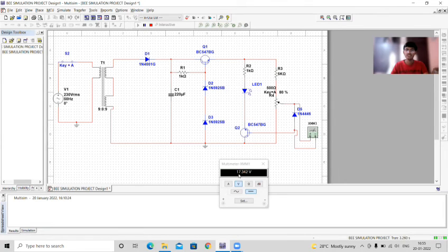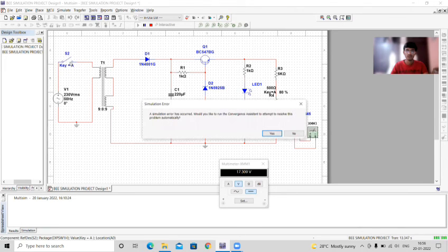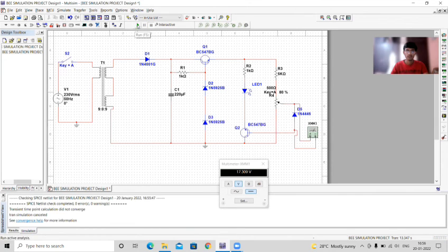Now the value has changed to 17.3 and it varies from time to time. And when we plug off the key, the value will also change. As you can see, it has a negative value, that is minus 0.001. So when we plug on, the value will be positive, and also the LED will blink.